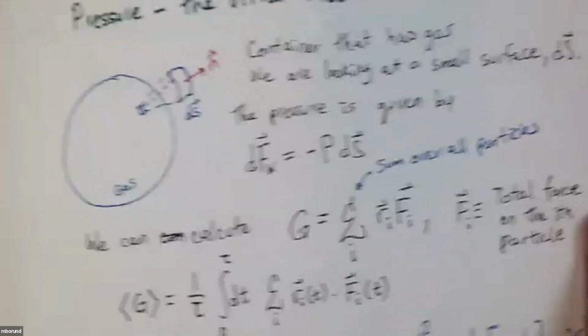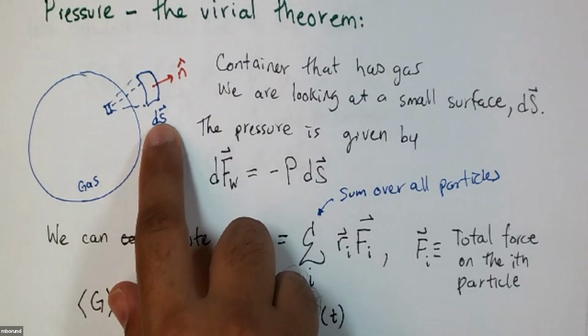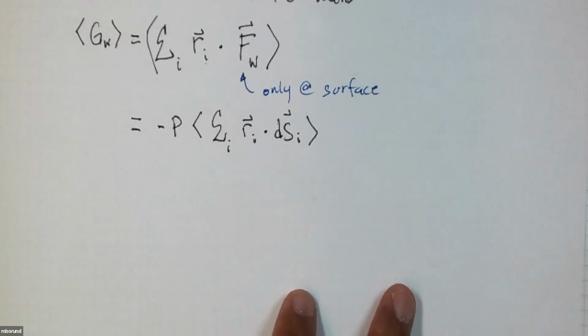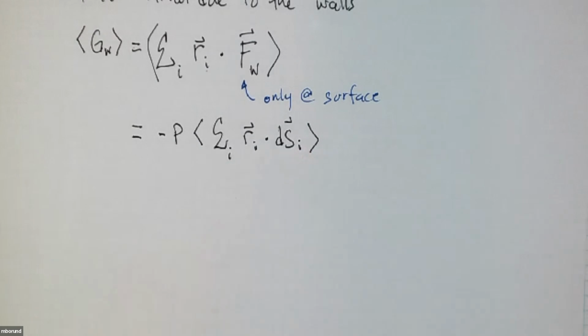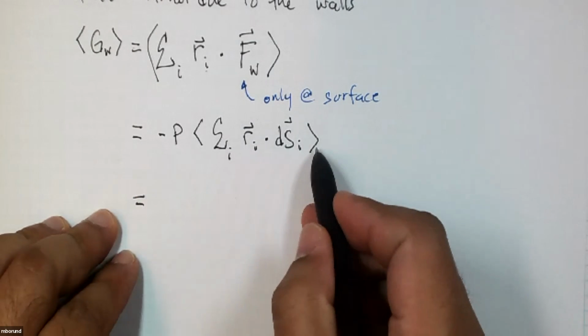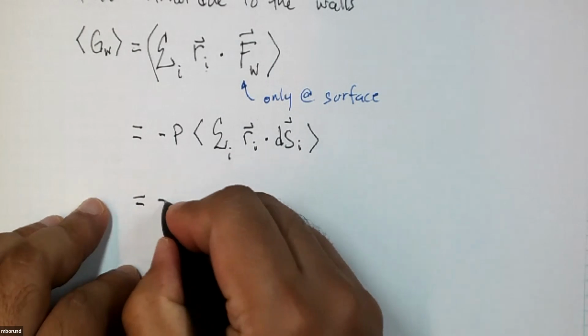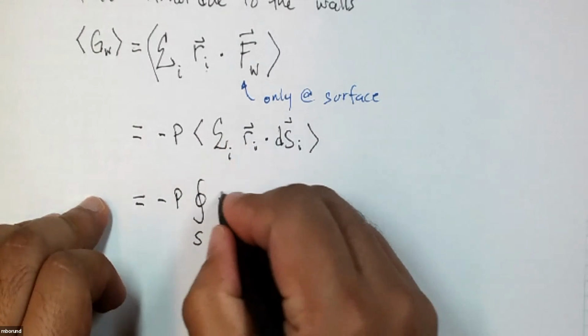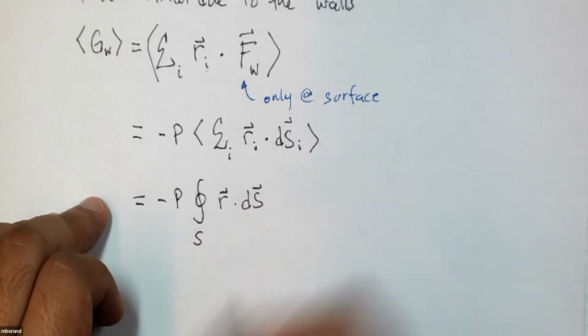So we're taking elements dSi. So this is one of the little elements, dS, right? But there's so many, and this one, dSi, would be the one that is interacting with our particle i. That's the wall surface interacting with that particle. So this only happens at the surface. So actually this summation and averaging over the summation, I can replace it by saying that I'm going to do the integral over all of the surface of R dS.